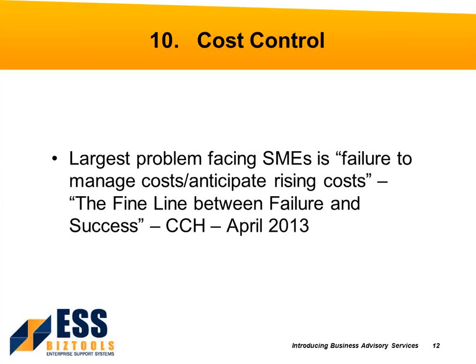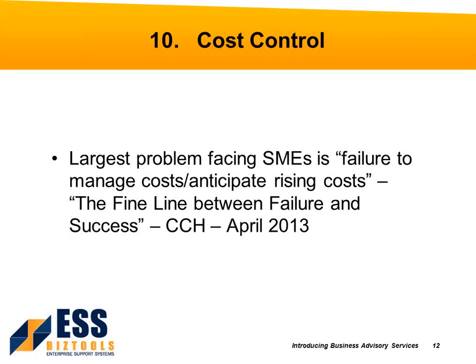Now, CCH undertook some very interesting research, which they commissioned a research organisation to do for them, which they released in April this year, which identified that the biggest single problem, according to 1,018 small business operators that they talked to, was the failure to manage costs or anticipate rising costs.